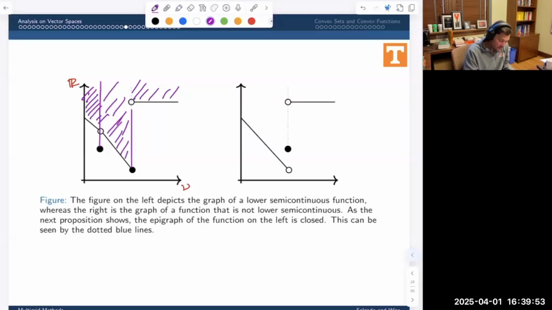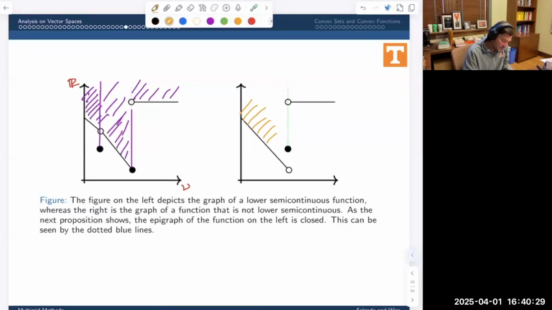We can do the same thing over here with this function, and I'll color this in orange. So all the points above the points on the curve, and we have to do something a little different at, say, this point here. I need to find all the points alpha that are above this point E of V. What about the points in between? Those aren't in there, because the value of E of V is actually here, so it has to be all the points above that point.